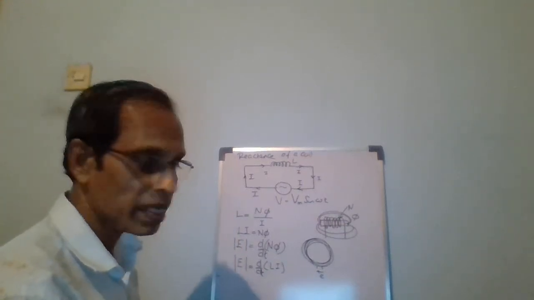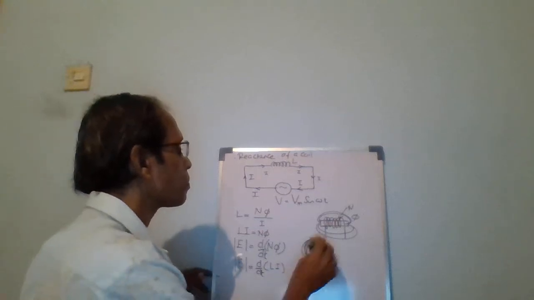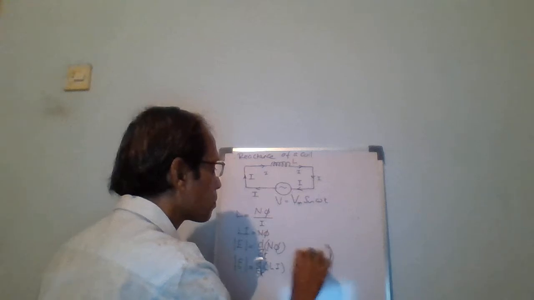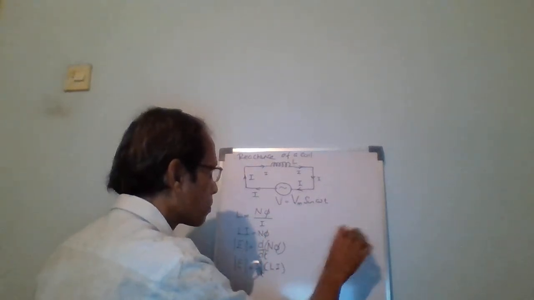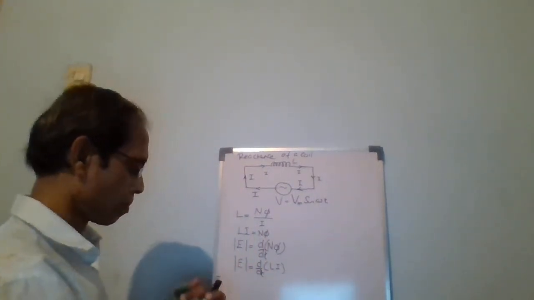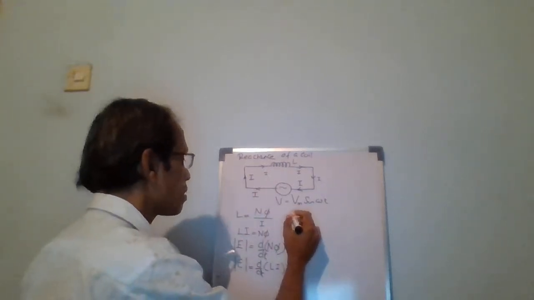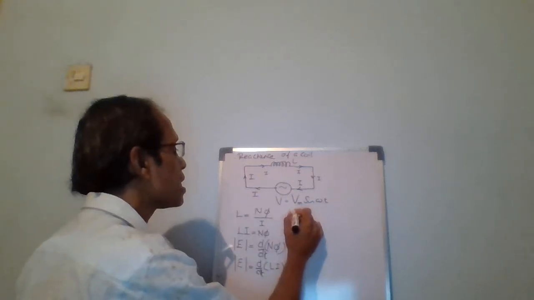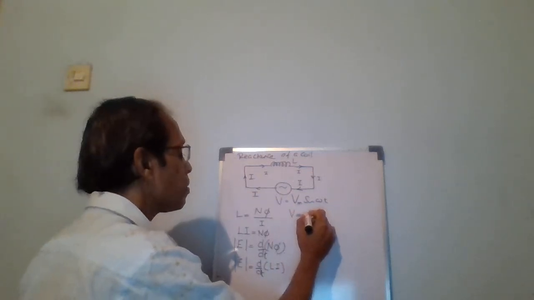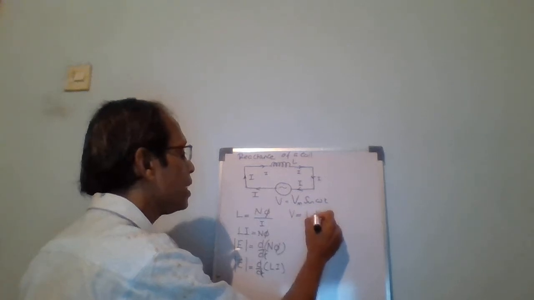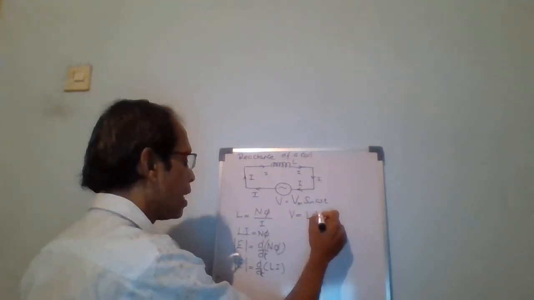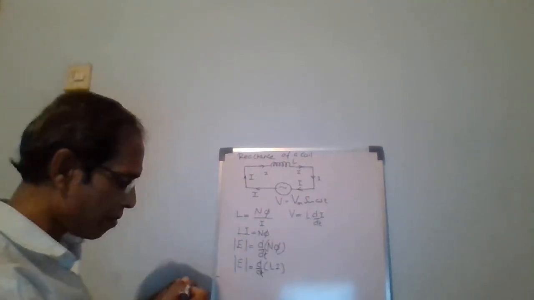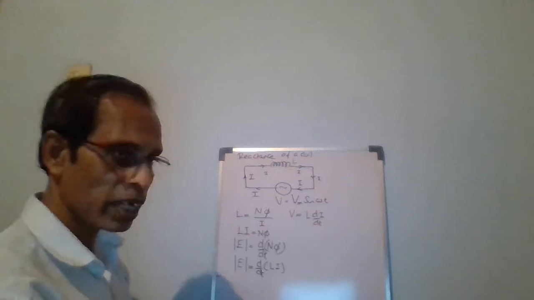But L is a constant, we can take it out. Say this E is equal to V. V is equal to L d over dt of I. We can substitute V here. We have a voltage source here, Vm sin omega t.